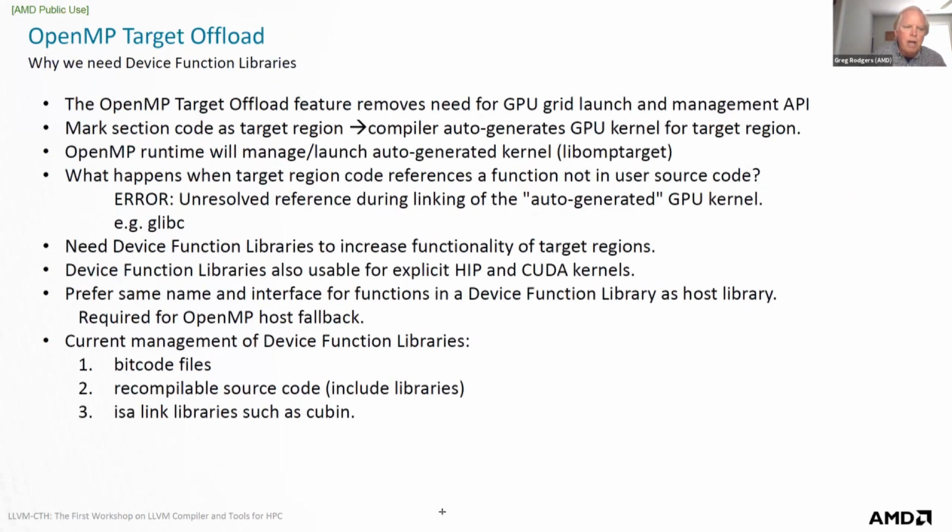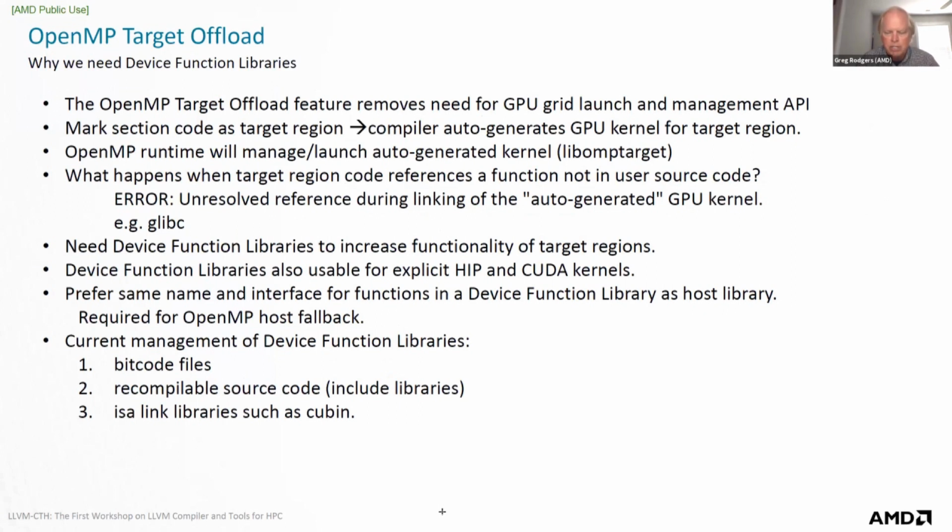Okay, so let's talk about why we need these device function libraries. This is a really short introduction to OpenMP target offload. It removes the need for a GPU grid launch and management API. Essentially, in a target offload environment, you mark a section of code as the target region, and the compiler auto-generates GPU code for that arbitrary code section.